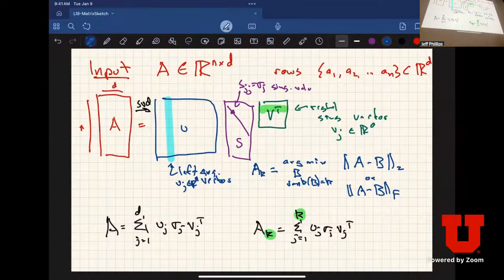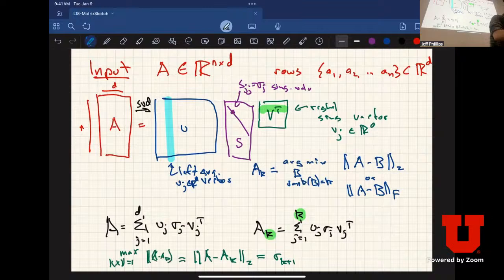Okay, and what is the spectral norm of A minus Ak? The spectral norm, or the 2 norm, of A minus Ak is exactly going to be sigma k plus 1. Okay, so what is this measuring here? This is equal to the max over x such that the norm of x is 1 of the norm of A minus Ak times x.